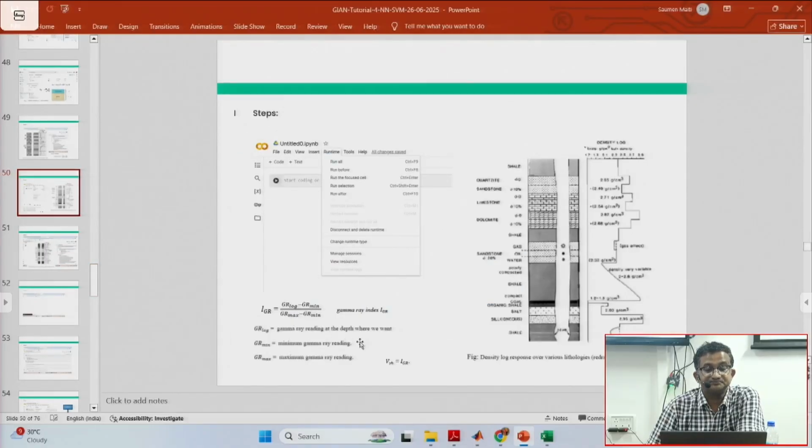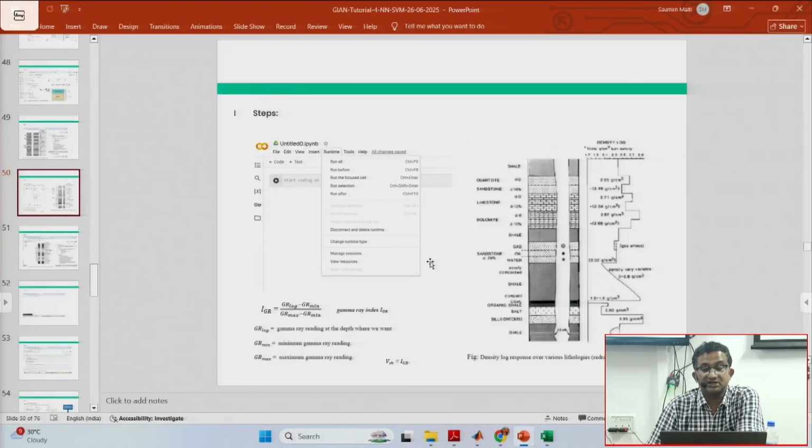One is the gamma ray response. This is the geological log, geological succession, which is standard. If there is quartzite, limestone, or dolomite, then what will be the density log response? This type of information is required for different interpretations and to calculate the relations, say how we can find the lithology, volumes, clay volumes.